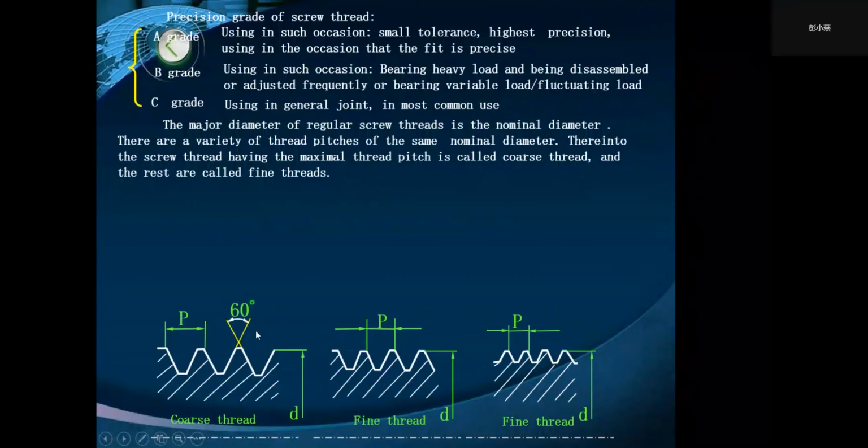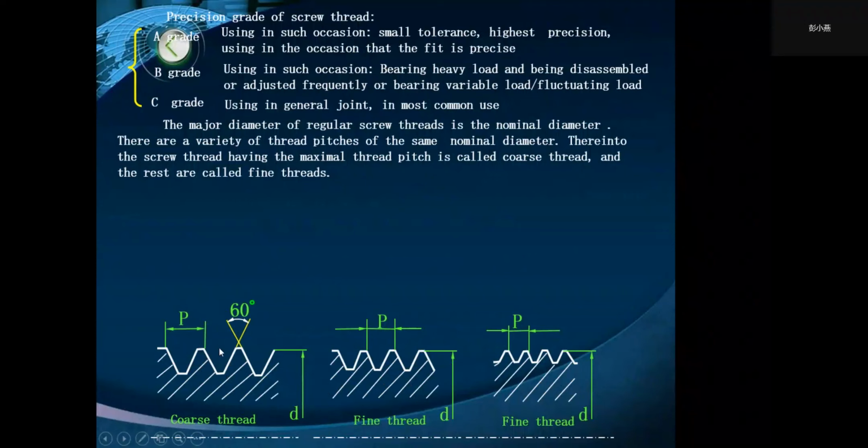Thereinto, the screw thread having the maximum thread pitch P is called coarse thread, and the rest are called fine thread. So, the left thread has the maximum thread pitch. It is coarse thread.